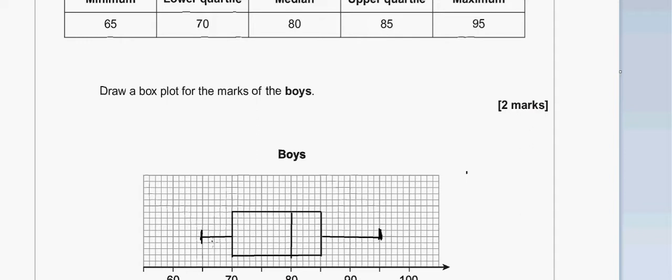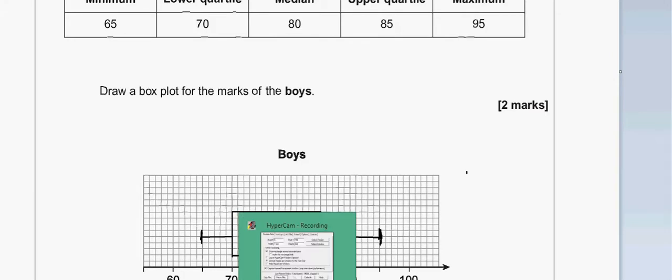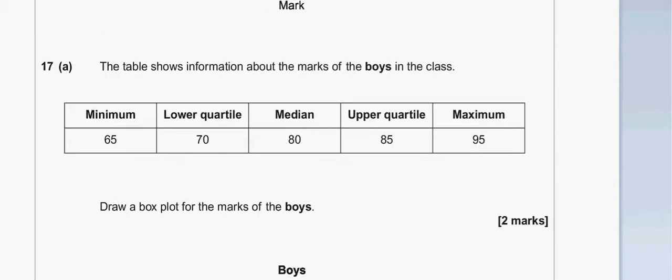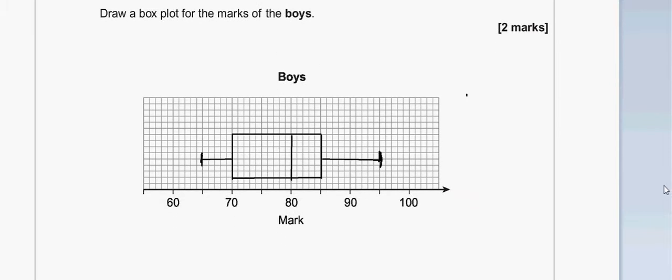So we have a minimum 65, maximum 95 here, lower quartile 70, upper quartile 85, median 80. Okay, so I'll pause because we need to now go to question 17B.